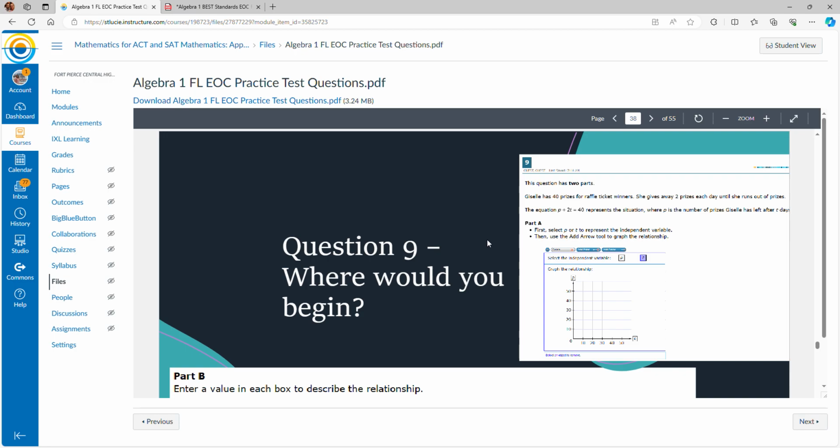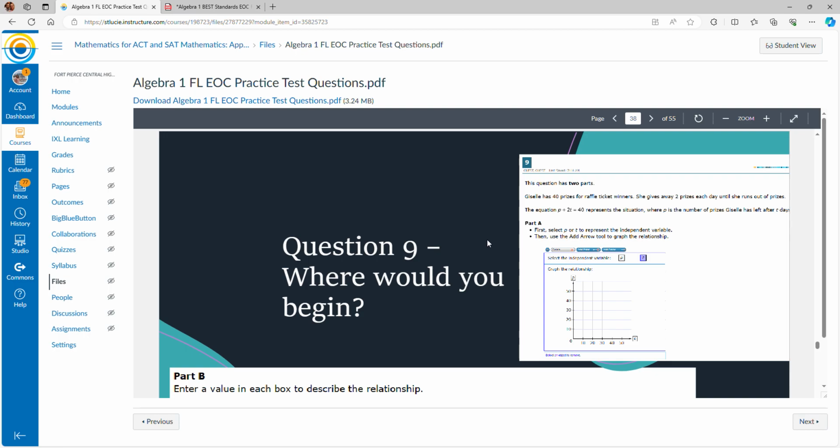Number 9 also has 2 points. Giselle has 40 prizes for raffle ticket winners. She gives away 2 prizes each day until she runs out of prizes. The equation P plus 2T equals 40 represents the situation where P is the number of prizes Giselle has left after T days.